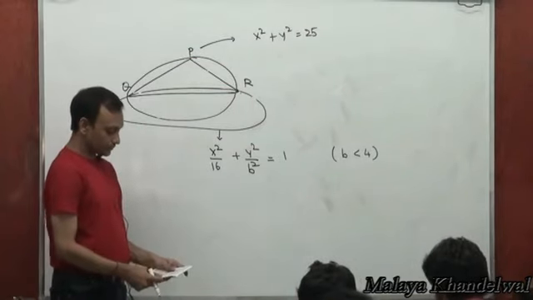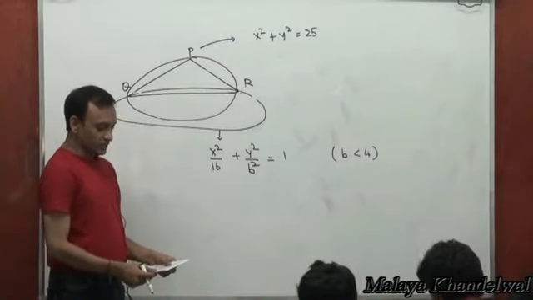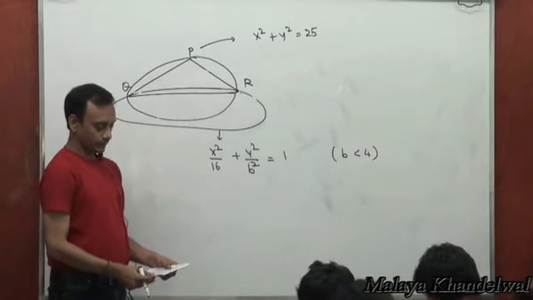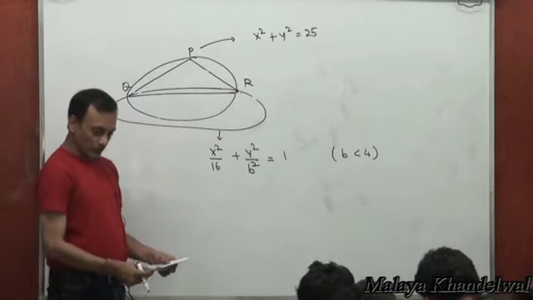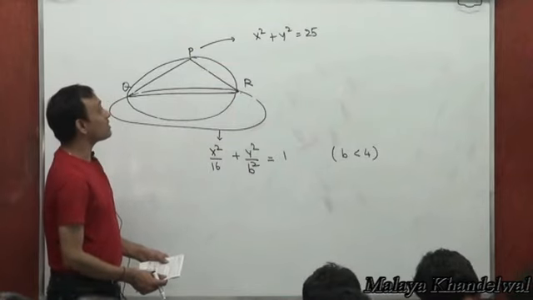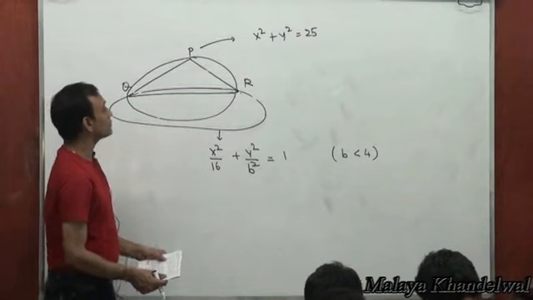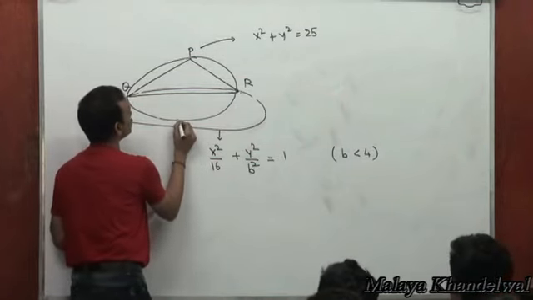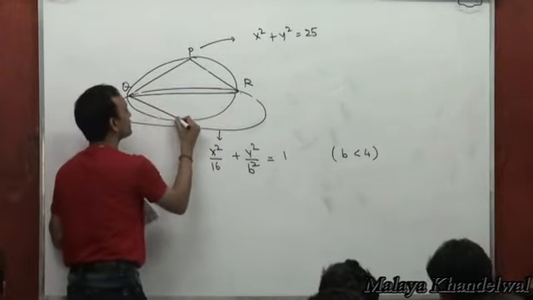And it's given that there is a point S on this circle such that PQRS is a parallelogram. In fact, it must be PQSR, which should be a parallelogram.